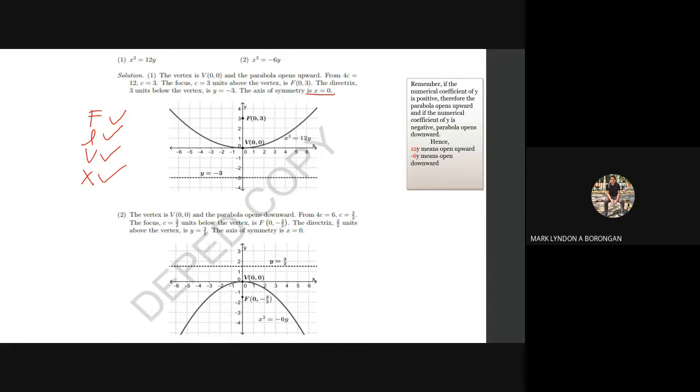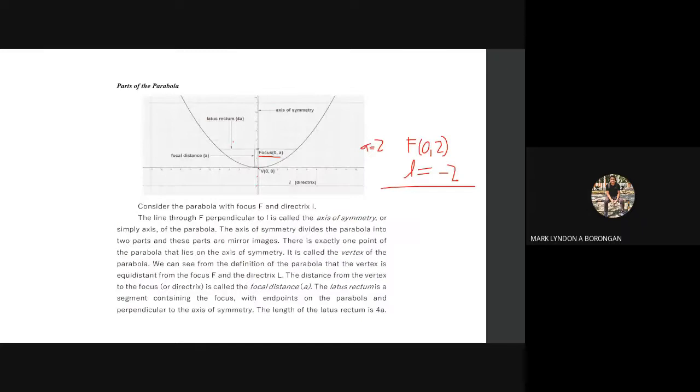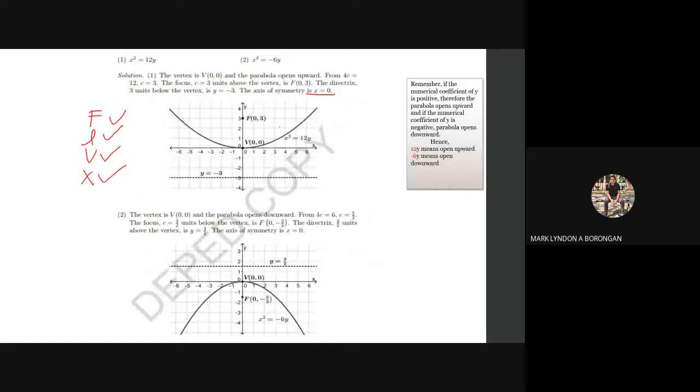Now, for extra, let's find the latus rectum. How do you find the latus rectum for this problem? Recall that our focal distance is equal to 3, and the formula for our latus rectum is just 4a.